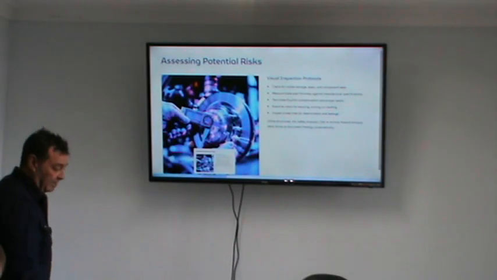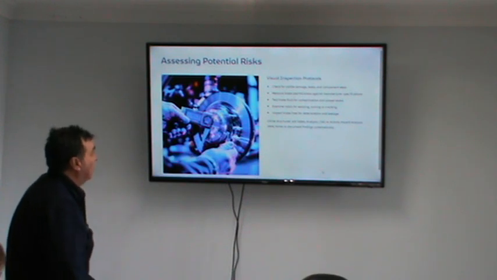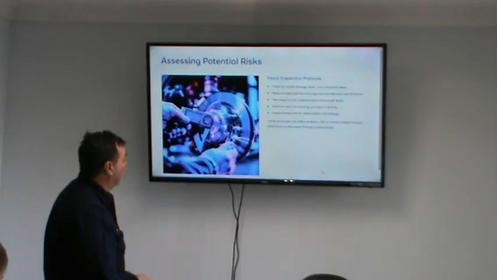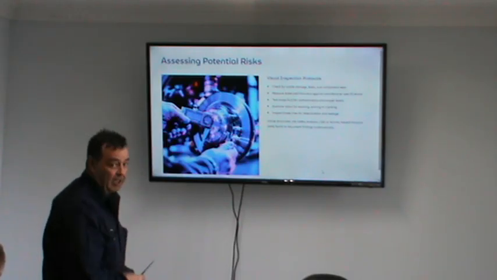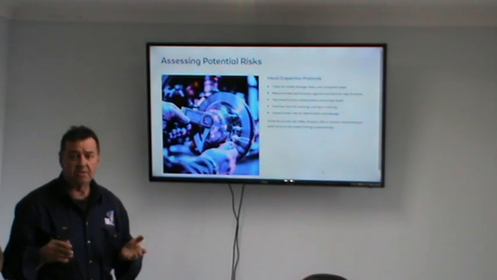So, assessing potential risks. So when we're inspecting anything for damage, leaks and component wear, we've got to make sure that we've got the car in the air, on stands, on jack.